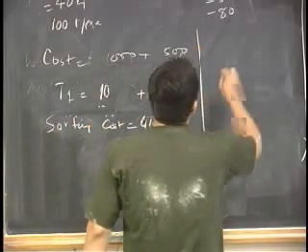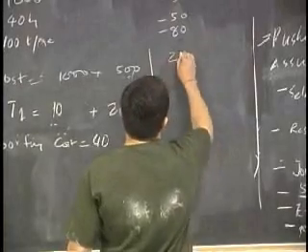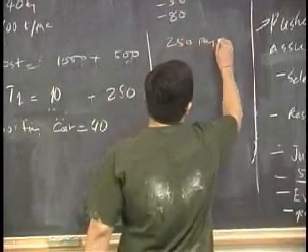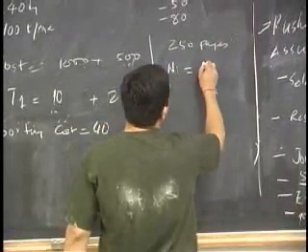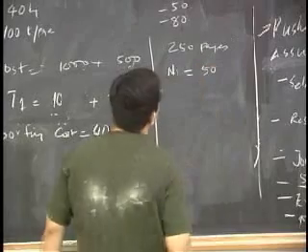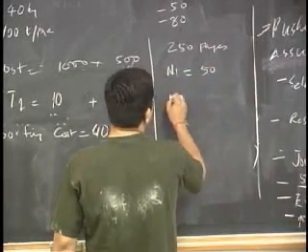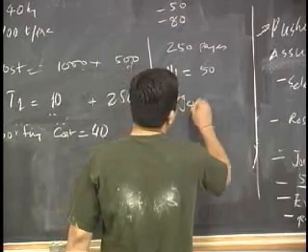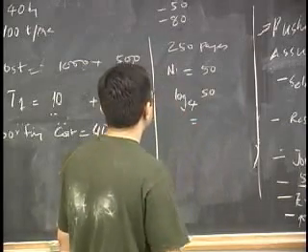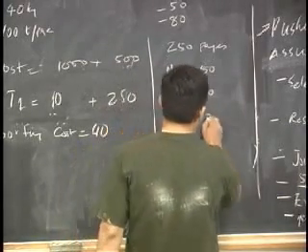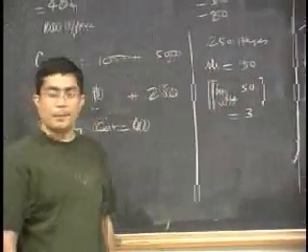And for the second one, we are going to have 250 pages, so N1 equal to 50, and log base 4 of 50 is going to be 2.8, so 3, right?